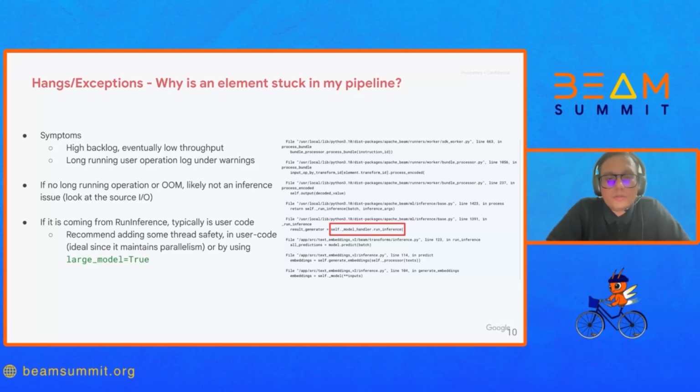If there are OOMs or long-running operations around the RunInference step, then it indicates some kind of issue with the user code or the custom model handler code. The way to troubleshoot is to use large model as true to load a single model. 90% of the time, the error goes away, which indicates some kind of locking issue with the GPU.